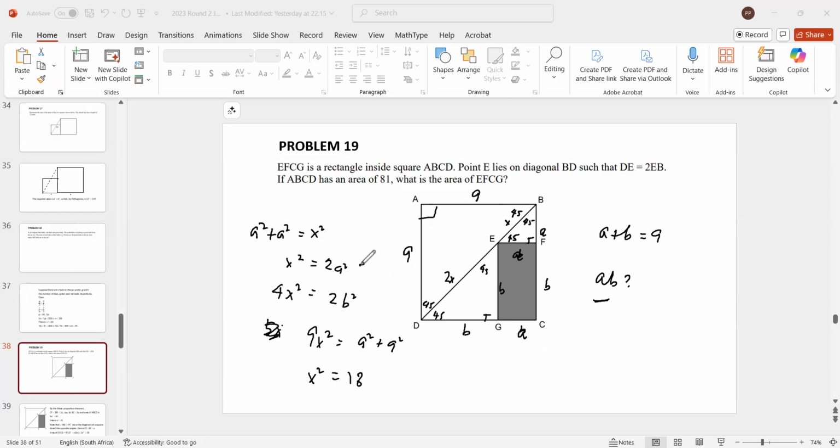Now when I multiply these two together, I get 4a squared b squared. Multiply these, it gives you 4x squared times x squared. But you've got x squared is 18. So it's 4 times 18 times 18.